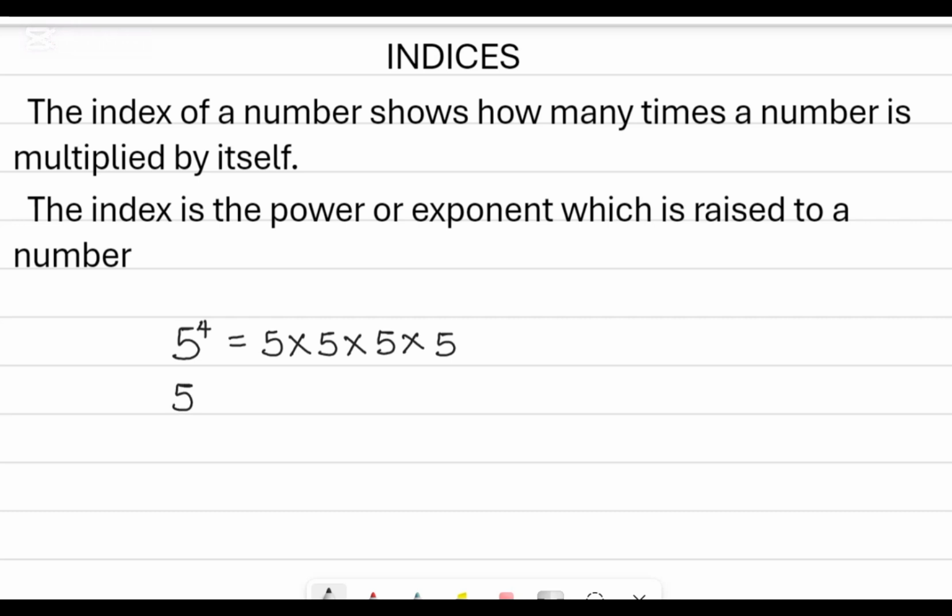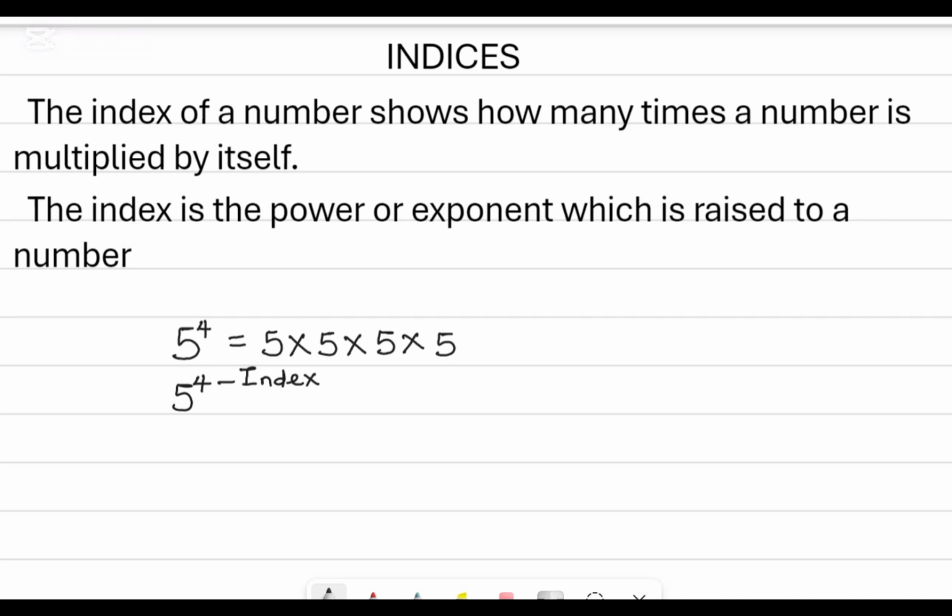So in 5 raised to power 4, the 4 there is the index. It's telling me how many times I should multiply 5 by itself. So simply put, the index, like I said earlier, is the number of times you have to multiply a number by itself.